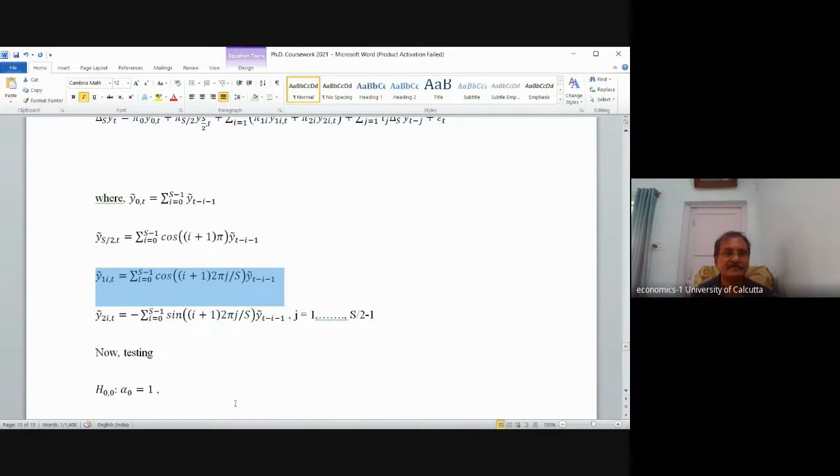Write it. y1 I tilde t is equal to sum of again cos of I plus 1 into twice pi j by s, y tilde t minus I minus 1. Here I varies from 0 to s minus 1. And what is j? J is equal to 1 up to s by 2 minus 1.